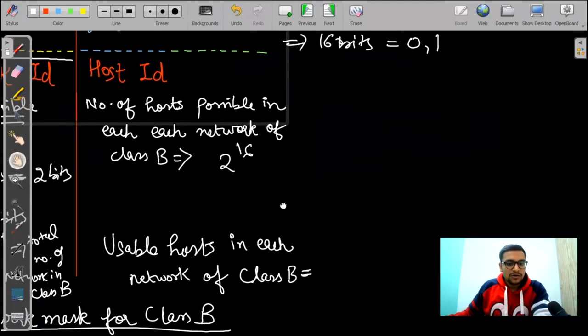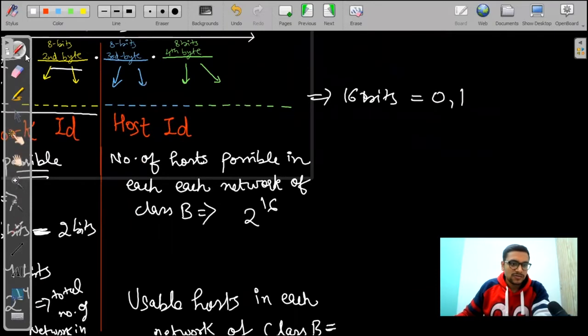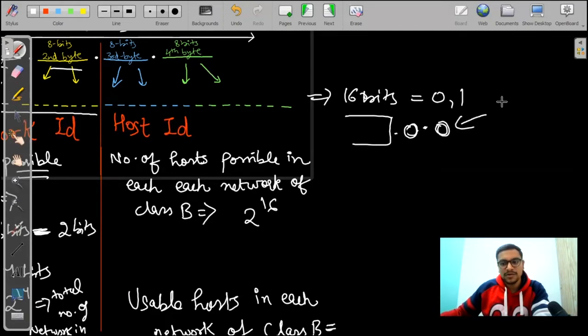Now out of those 2 to the power 16 hosts that are possible, for each network, the first IP, with all zeros in the host part, will be reserved for the network IP, and the last IP will be reserved for the direct broadcast IP, which is 255.255.